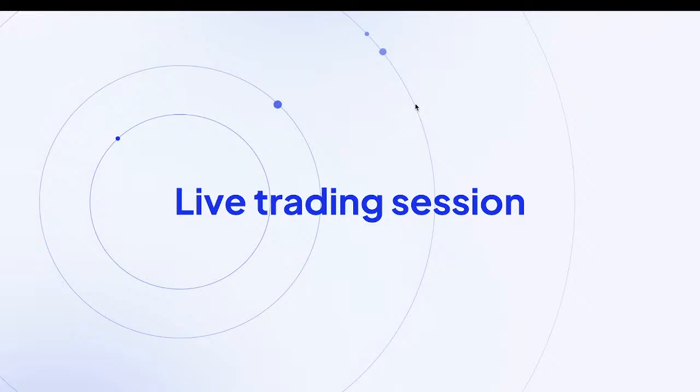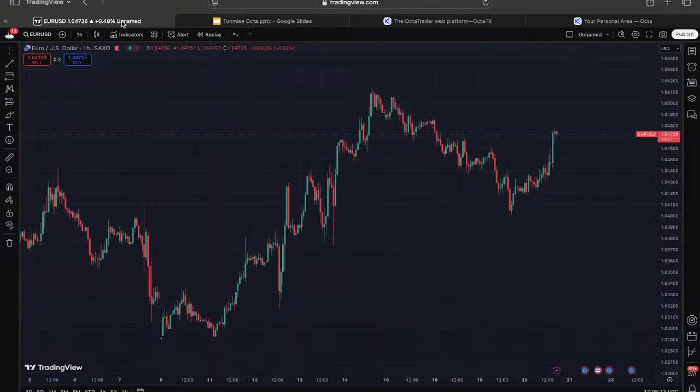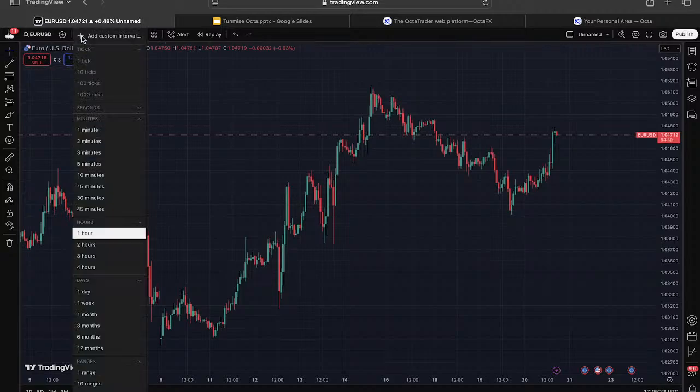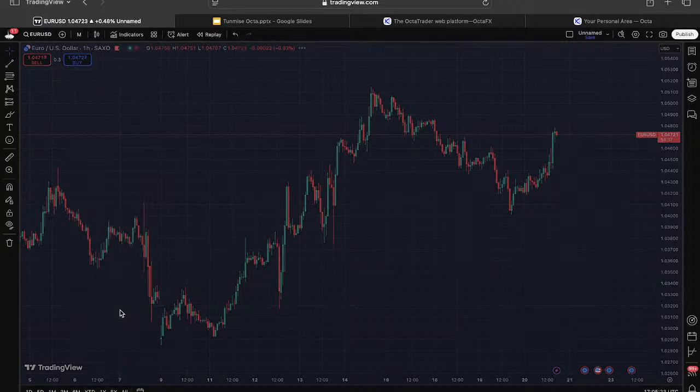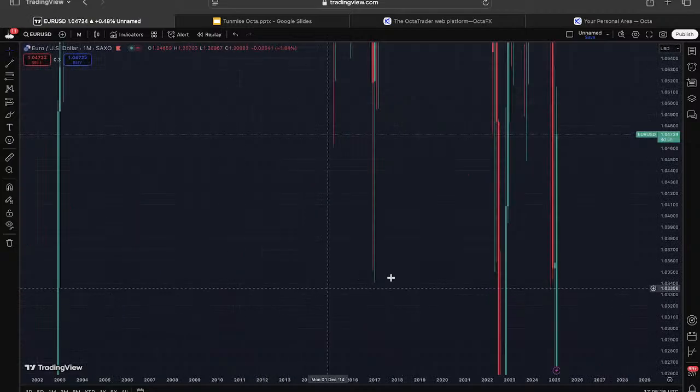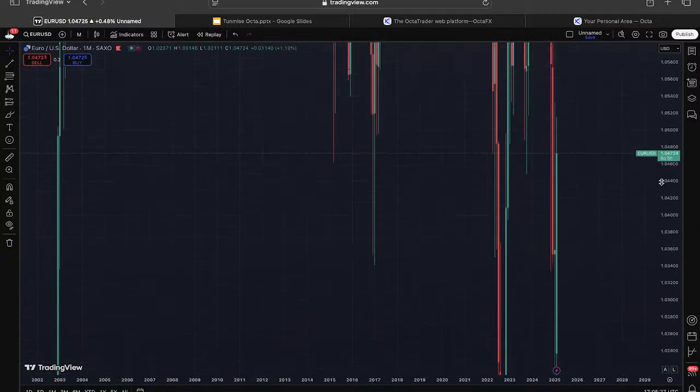All right, so let's go to our chart. Okay, now this is our EURUSD chart. We're going to go to the 1 month time frame as we do a top to bottom approach.